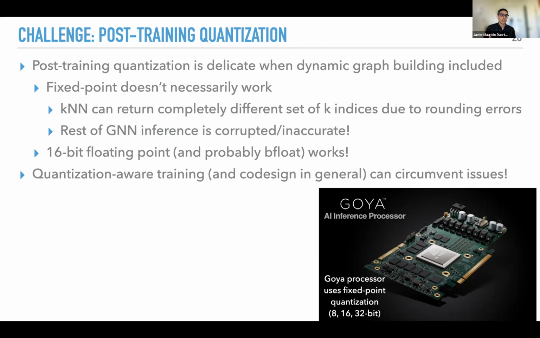But for GNNs, especially with this dynamic graph building step, it is not necessarily true that they work as well out of the box. One solution is to think about quantization during training, so applying quantization aware training and co-designing the algorithm in general can circumvent these issues.